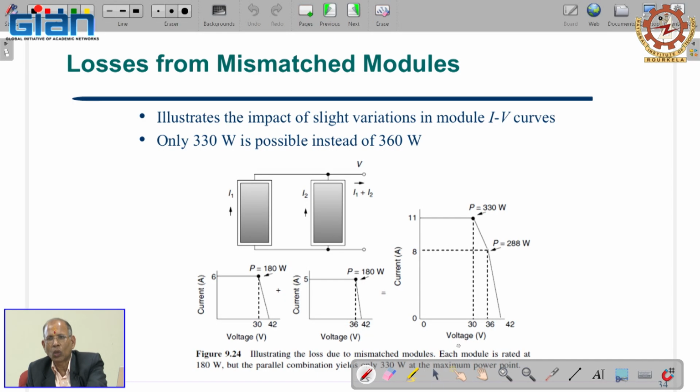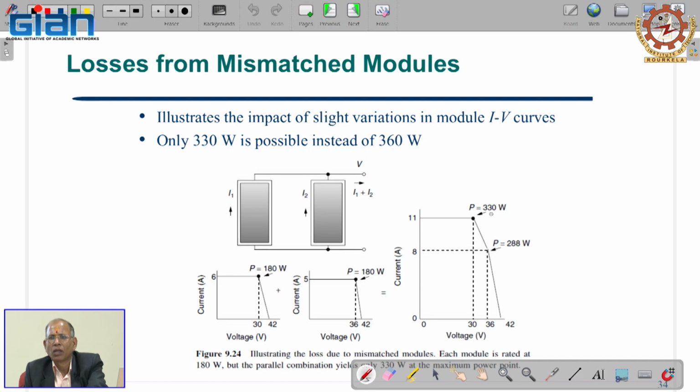So basically one is like say 36 volts, another is 42. Okay, so it may end up delivering you some lesser power, maybe end up with 330.